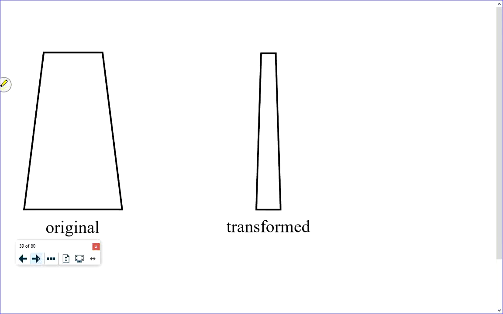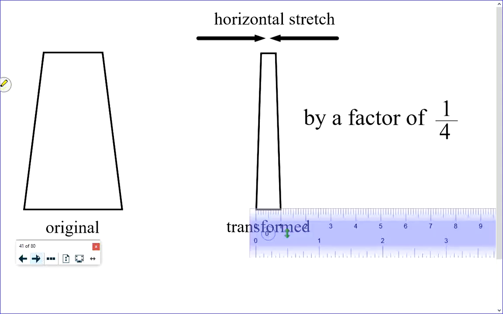By the way, I'm using expansive and compressive. Those aren't math words. Those are just words that might help you understand what's going on. And that's a horizontal stretch. Again, notice I'm putting the arrows pointing towards each other to indicate things are squeezing together by a factor apparently of 1/4. So if I measured the widths, I would find that the one on the right is only 1/4 as wide.